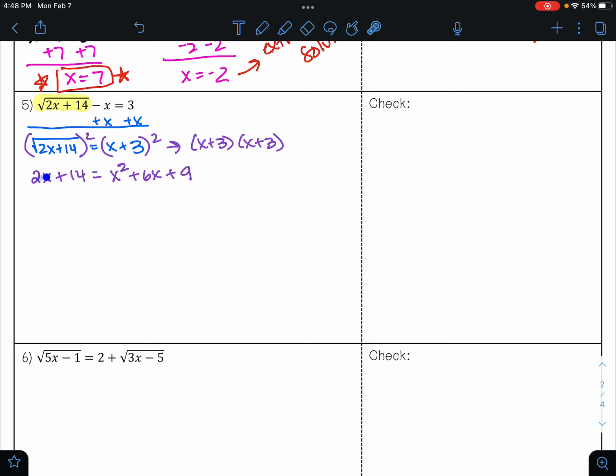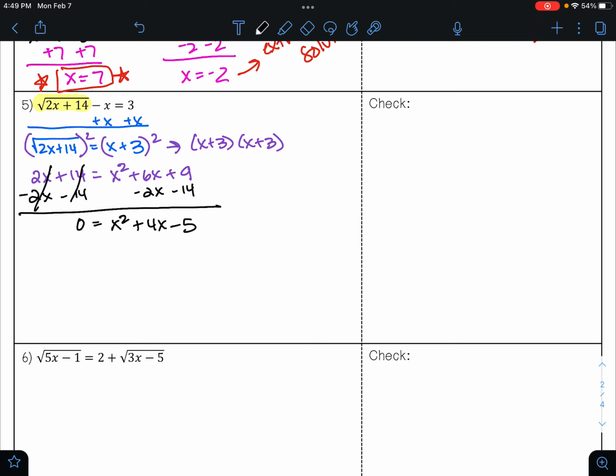Right now, I have a quadratic equation. So I want to get everything over to one side so that one side equals 0, and then I can choose how to solve from there. So I'm going to subtract 2x on both sides and subtract 14. So I'm going to have 0 is equal to x squared plus 4x minus 5. From here you could solve by factoring or by quadratic formula, whatever method you prefer.